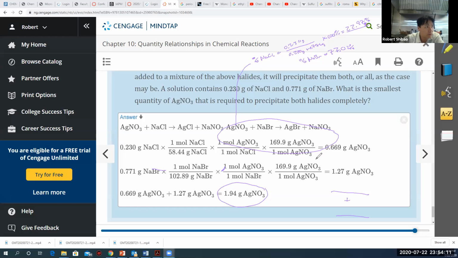That is, which one requires more? I don't know. But if this requires more or less, that means the ratios are different here. And so let's say, as an example, in other words, I can figure out what the percentage of the mixture is.